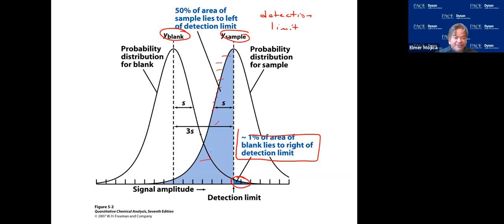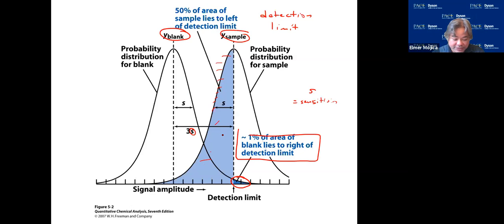Okay. So they define the detection limit as 3 times the s. s there is something to do with the signal that you have. Okay, if you're going to look at the curve here, it shows the distribution expected for a blank and a sample whose concentration is at the detection limit.